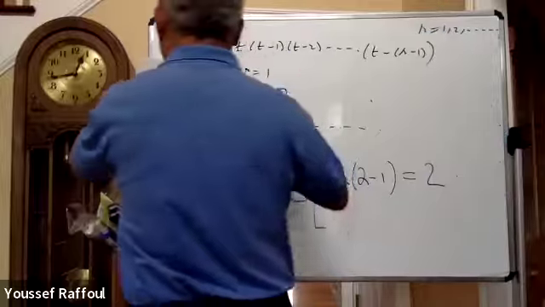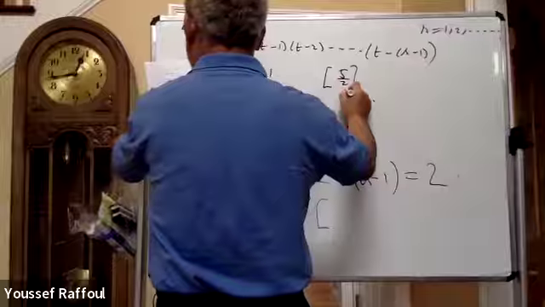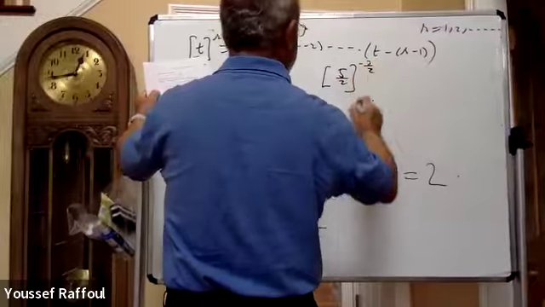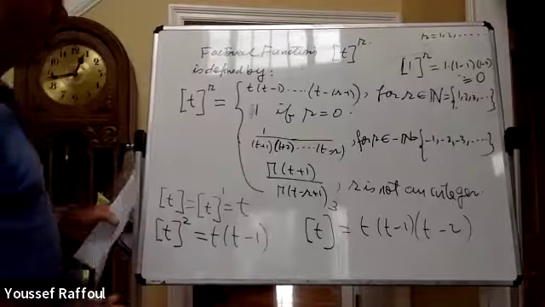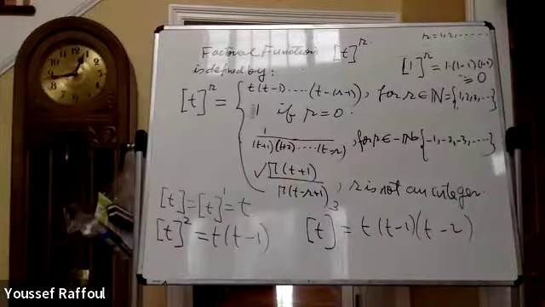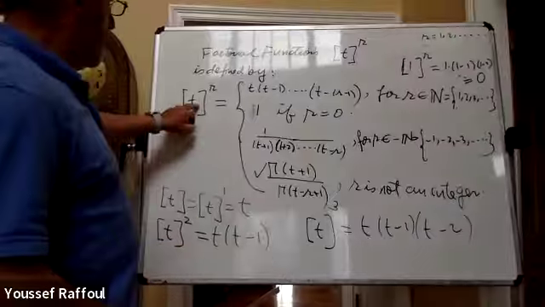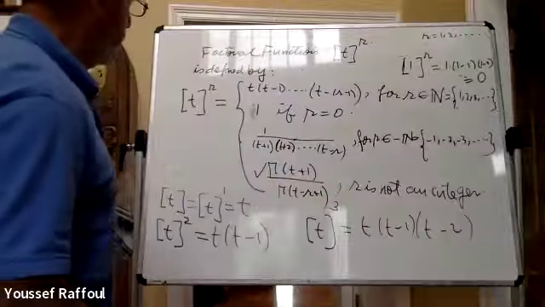So let's do one with gamma. What is 5.5 to power minus 3.5? Which one? That will be this one, correct? Because r is not an integer. I don't care about t.